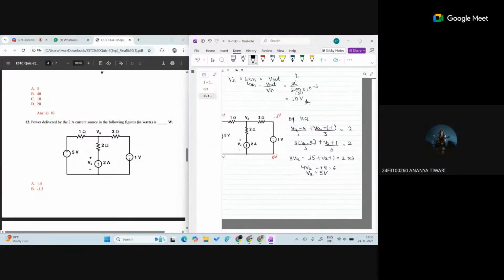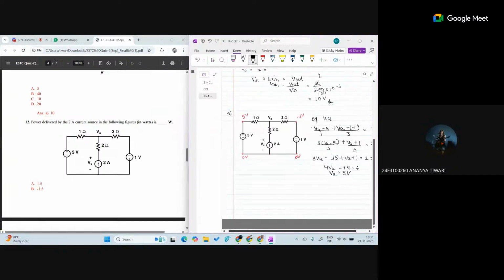This was also minus 1, so minus minus plus, plus 1. And we took the LCM here, so this 3 went to the other side and got multiplied to 2, and we got 6. Okay, so give me a minute.